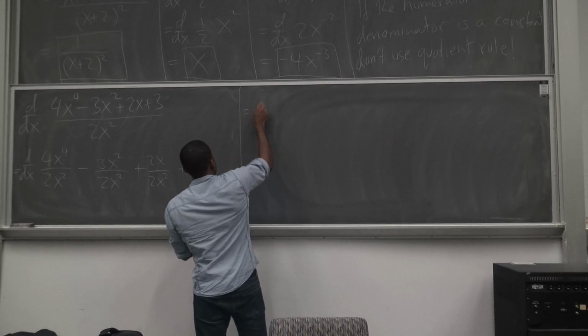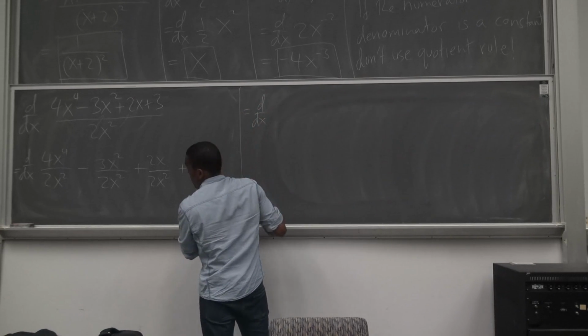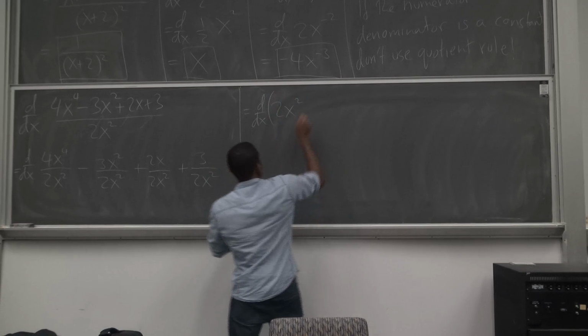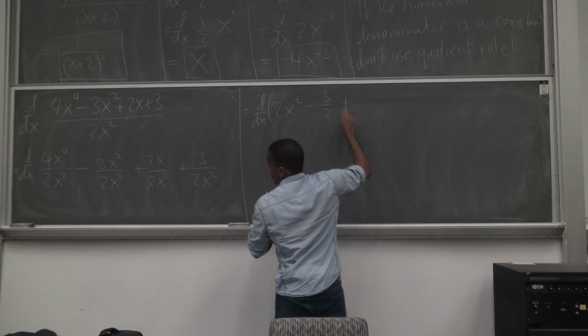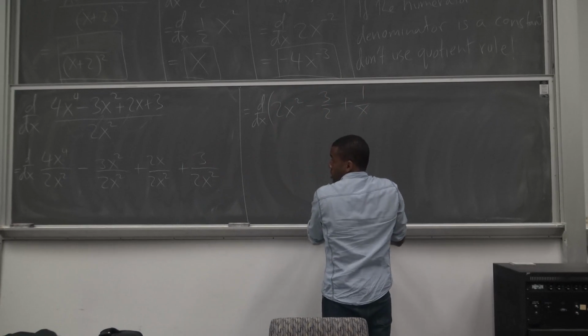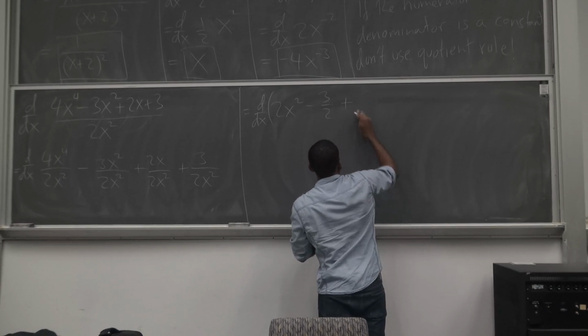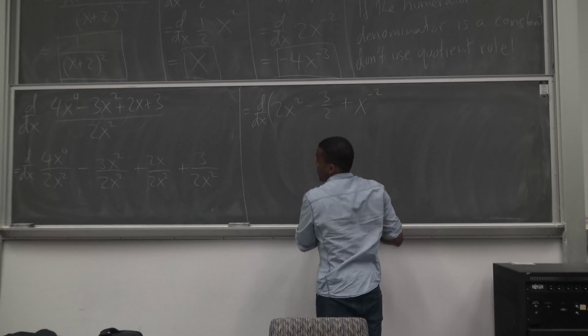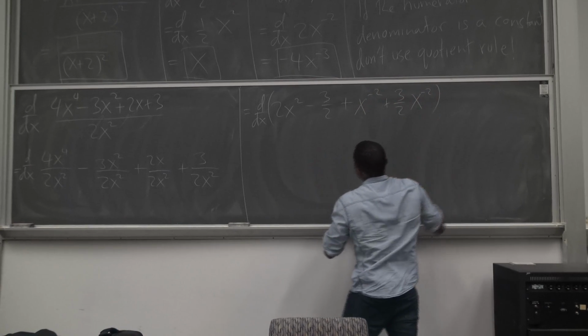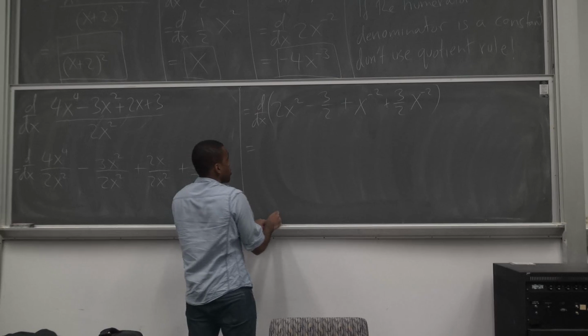And so this is just the derivative of 2x squared minus 3 over 2, plus 1 over x, which you can write as x to the minus 1, plus 3 over 2 x to the minus 2. So now we just do the power rule.